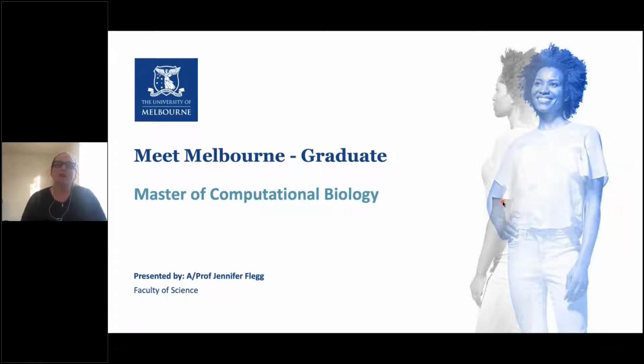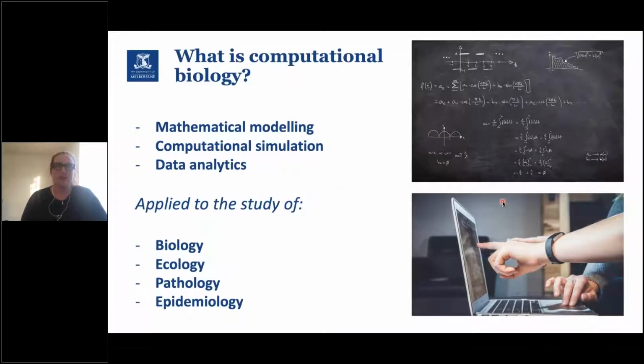So firstly, what is computational biology? Computational biology is a rapidly growing field at the moment, and it sits at the intersection of 3 different disciplines. Those disciplines are biology, computer science, and mathematics and statistics.